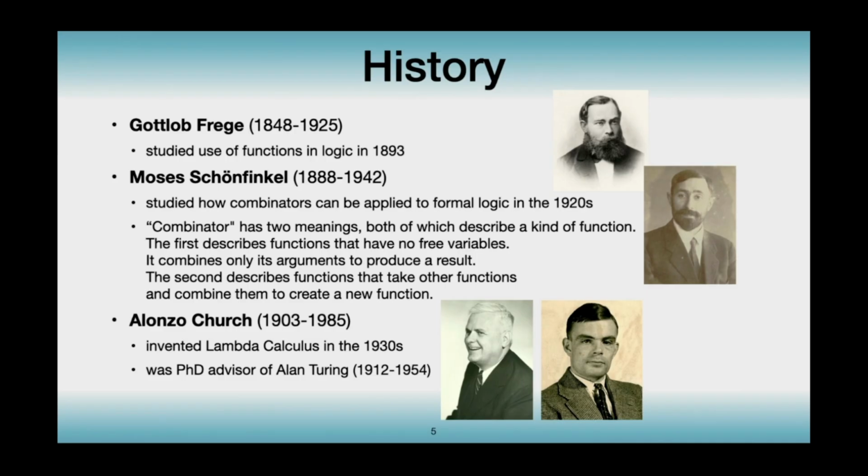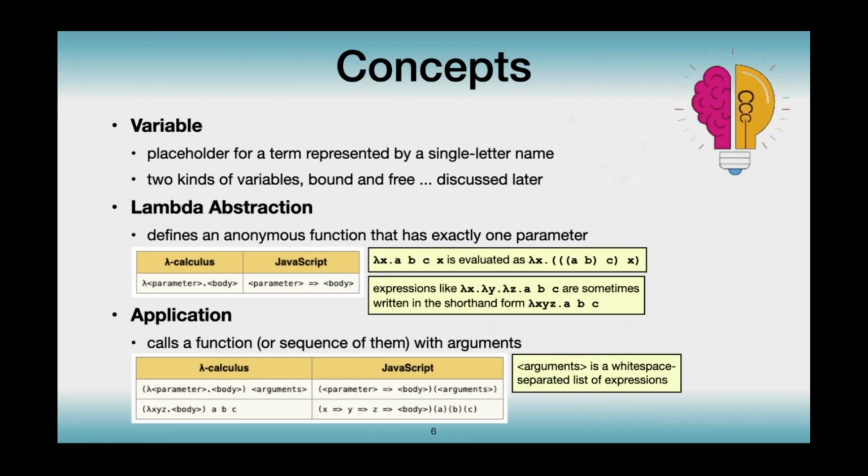And a second meaning is that it's a first-class function, one that can have functions passed into it and can return functions. So it's combining functions to build a new one. The creator of lambda calculus was Alonzo Church, and he happened to be the PhD advisor to Alan Turing, which is interesting. Here are some basic concepts that you need to know to work with lambda calculus.